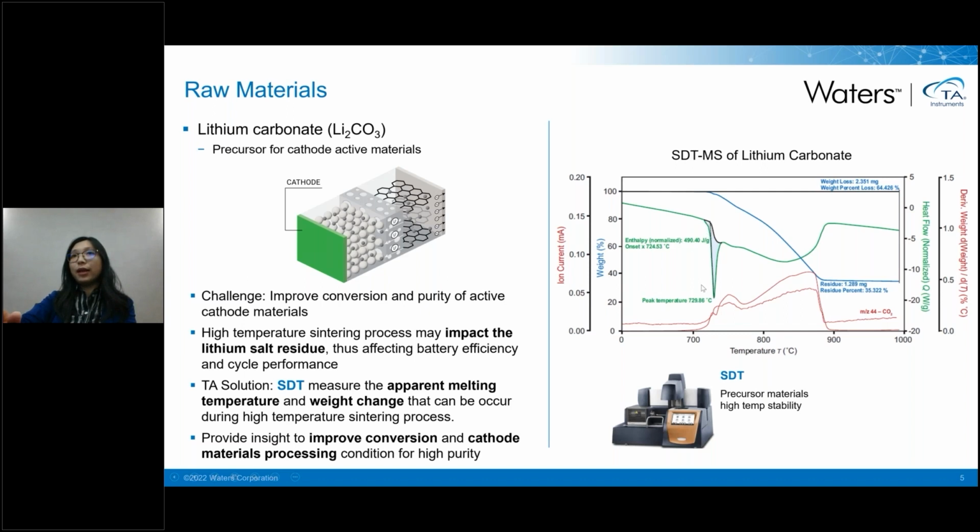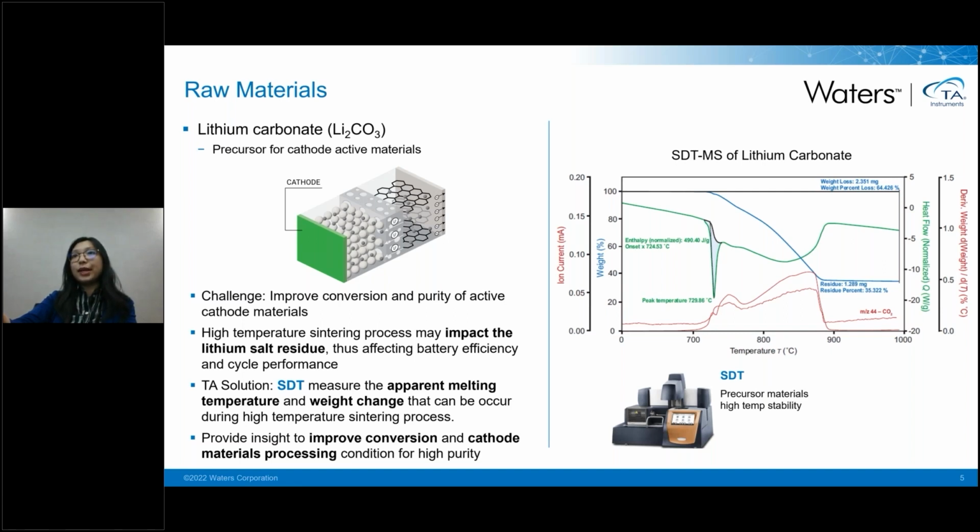So you can see the apparent melting of the lithium carbonate showing up at 724 degrees C, and that occurs at the same time that you see a degradation or conversion of the lithium carbonate. And if you couple the SDT with a mass spec, you can also observe what type of off gas is coming off during the weight loss event as well.